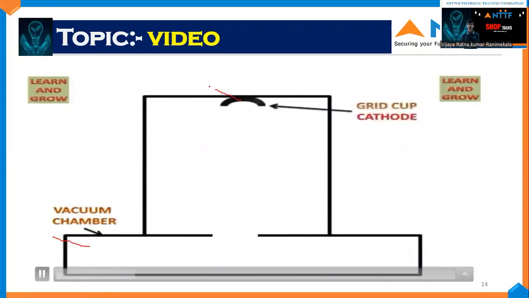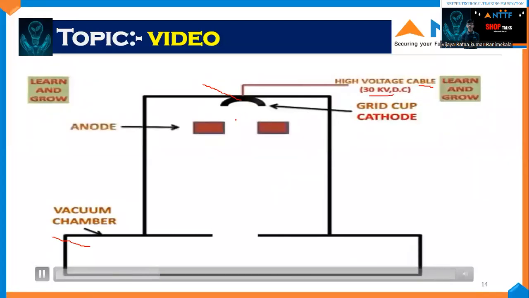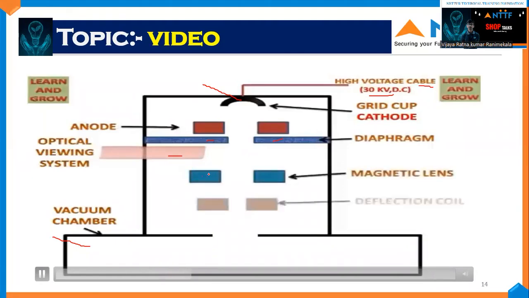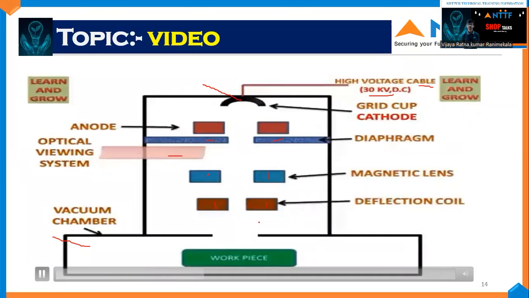There is a grid cup called cathode, which is connected to the high voltage cable, which is a 30 kilowatt DC power supply. After this we have anode, then diaphragm, then an optical viewing system, then magnetic lens and deflection coil, and in the vacuum chamber we also have a workpiece on which all the process will be carried out.